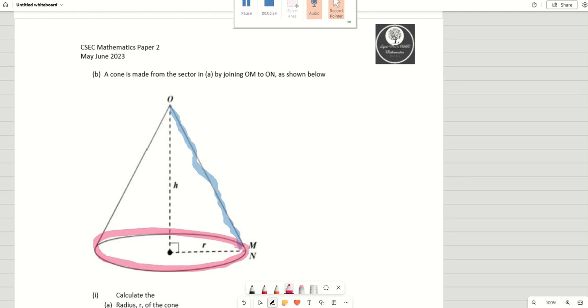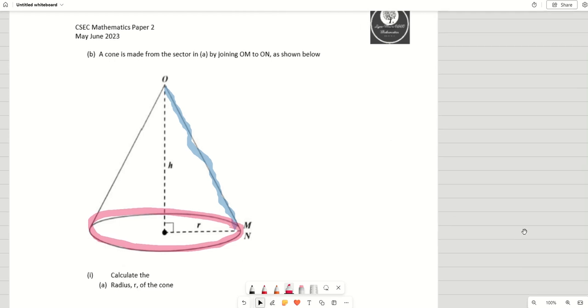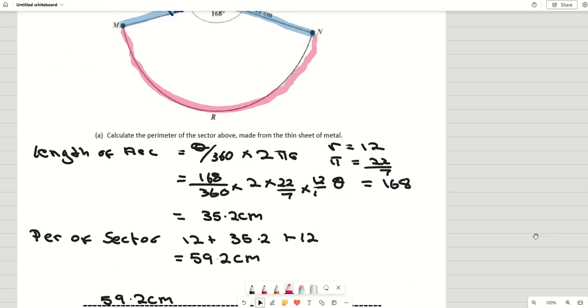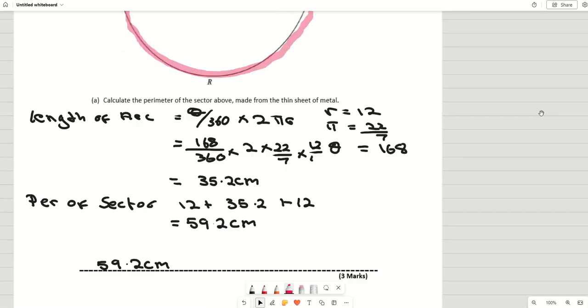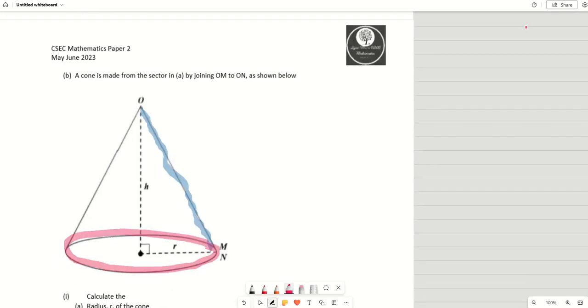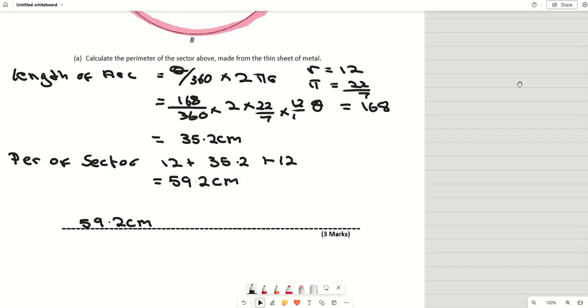Now, what is the length of OM? OM is actually 12, so we know that this blue part here is 12. Let's write what we know. So this is 12 here. And the length of our arc is what they made into a circle.